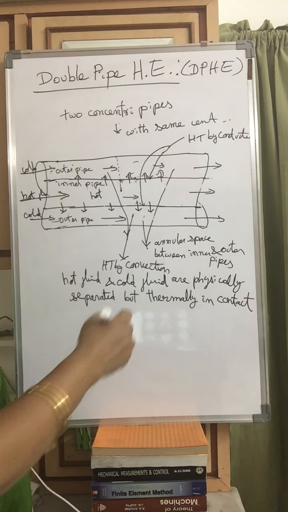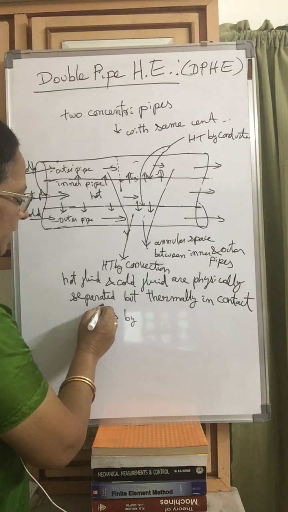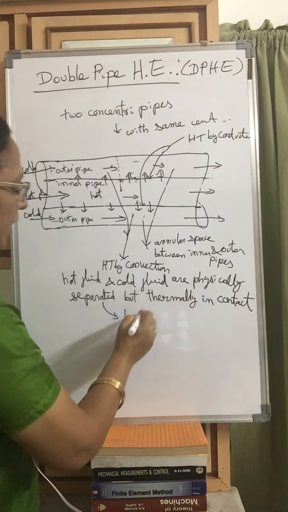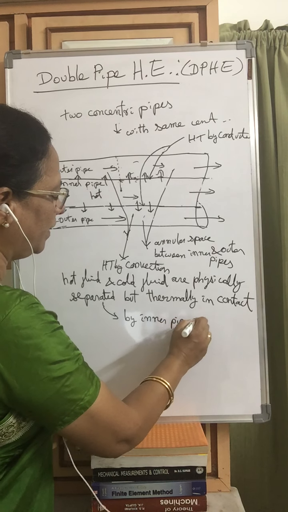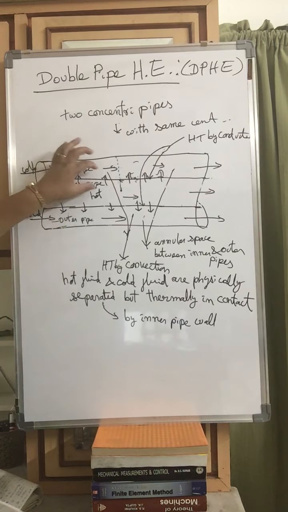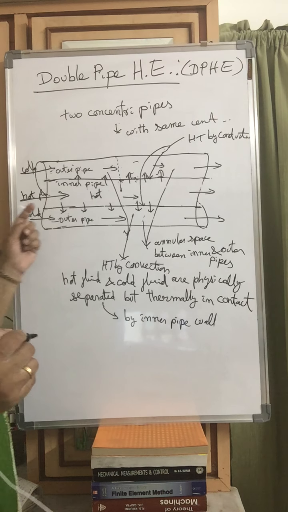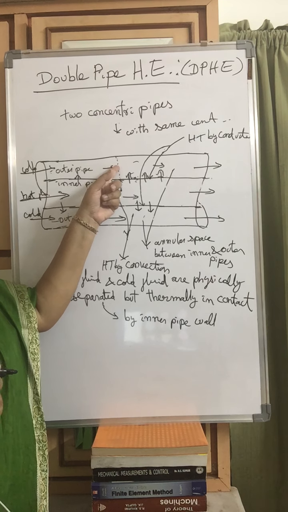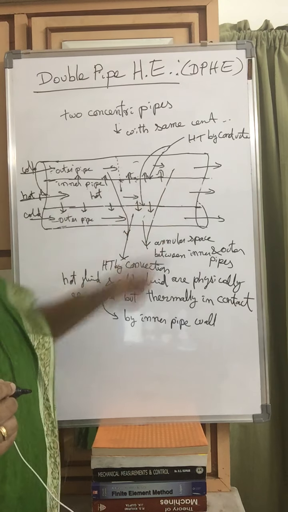Physically separated by which wall here? The inner pipe wall. These two fluids are physically separated by the inner pipe wall. So now the hot fluid loses heat and the cold fluid gains heat. Heat transfer takes place through this inner pipe wall.